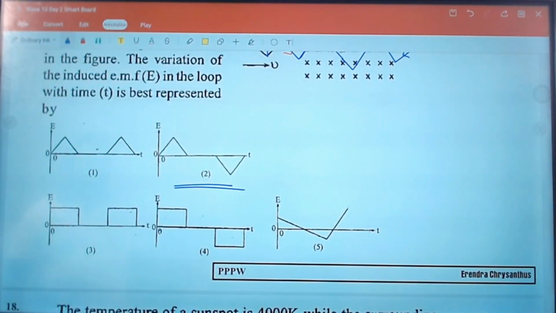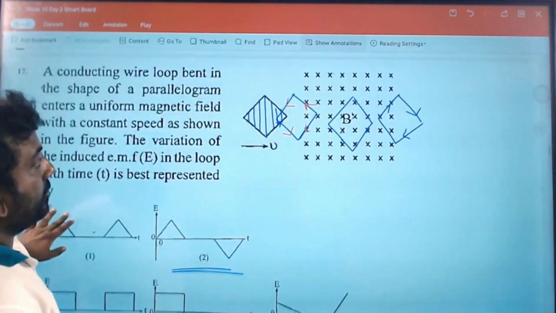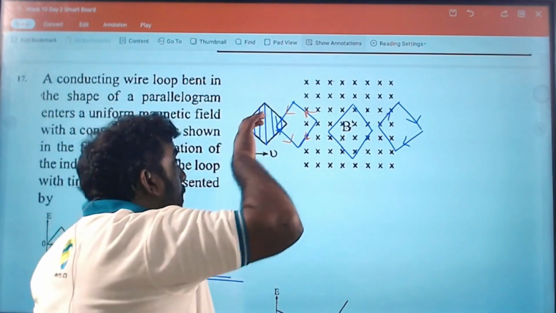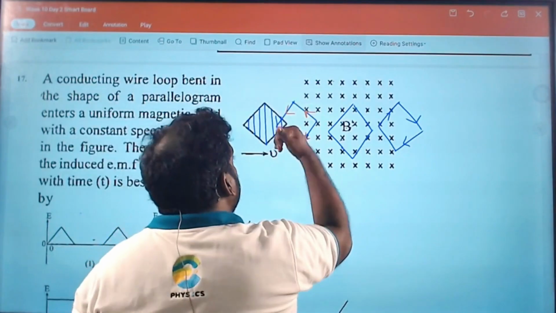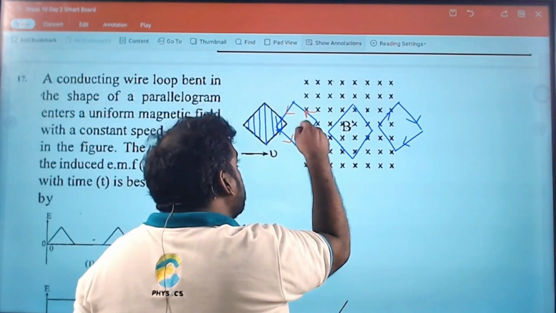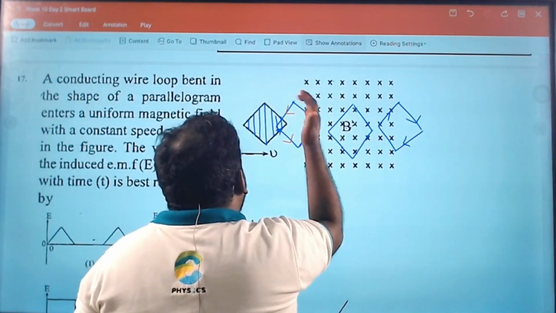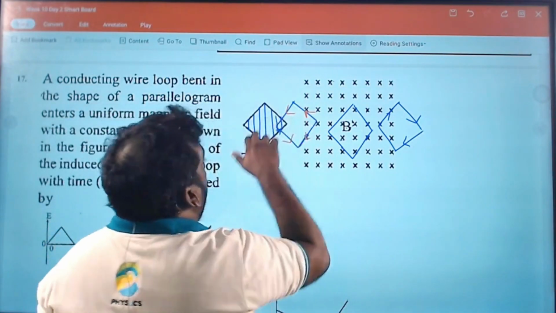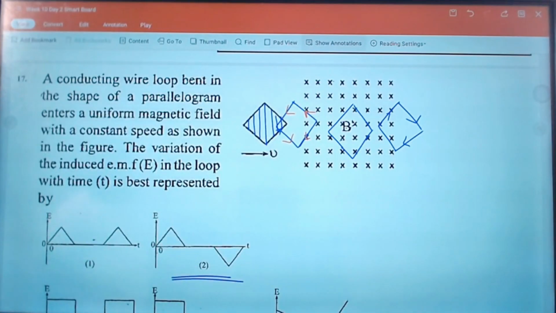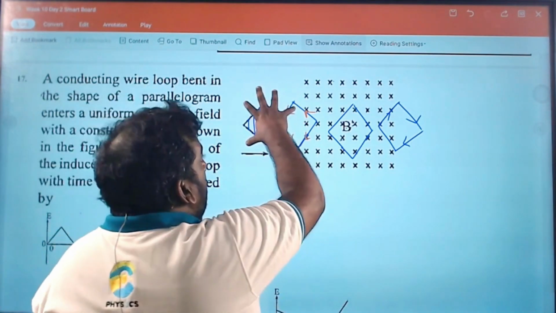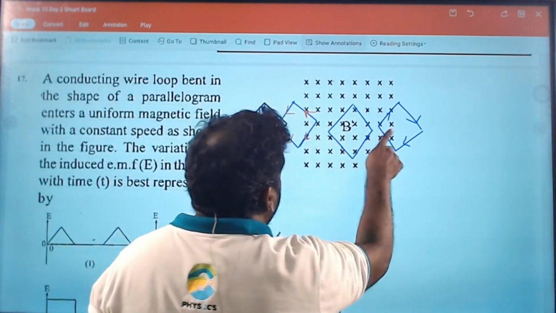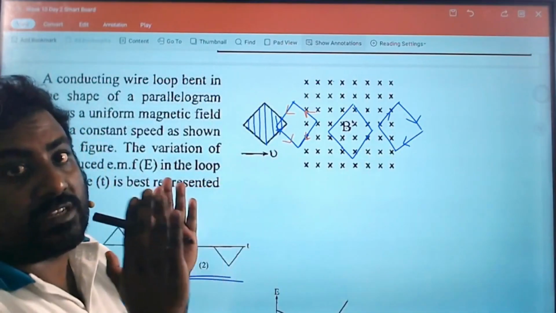When the loop enters the magnetic field, to oppose the increase in the field inwards, we place the thumb outwards and there will be an anti-clockwise current. When the loop is completely inside, with time there is no change in the magnetic flux.